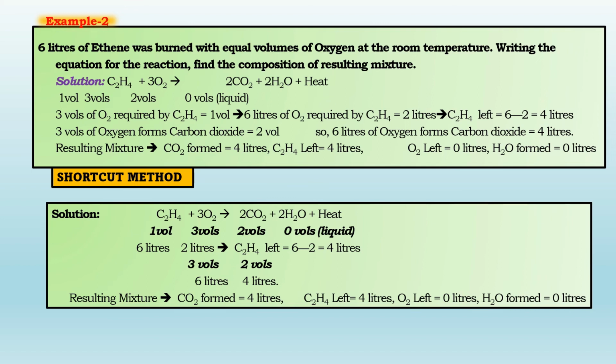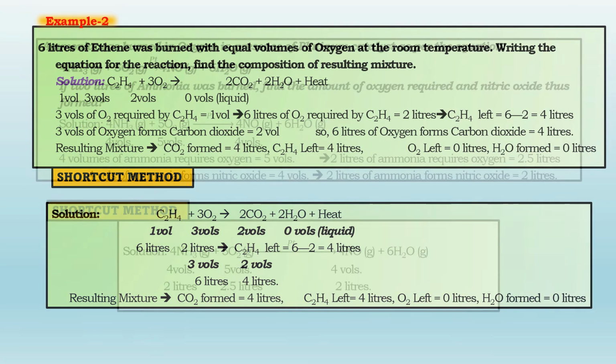Now oxygen is totally used up, and carbon dioxide is 2 volumes, so 6 liters will give 4 liters. So the resulting mixture is carbon dioxide formed 4 liters, ethene left equal to 4 liters, oxygen left is 0 liters because it's totally used up, and water formed is again negligible or 0 liters.